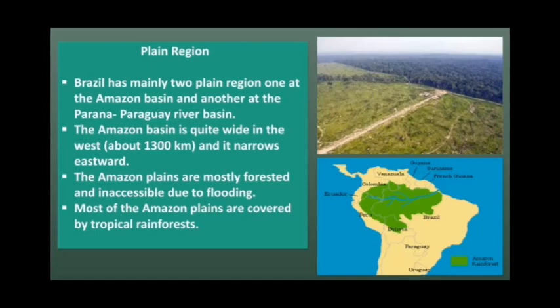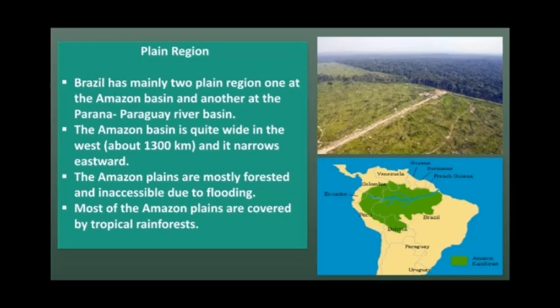The Amazon plains, lying in the northern part of Brazil, generally slope eastward. The Amazon basin is quite wide in the west, about 1,300 kilometers, and it narrows towards the east.